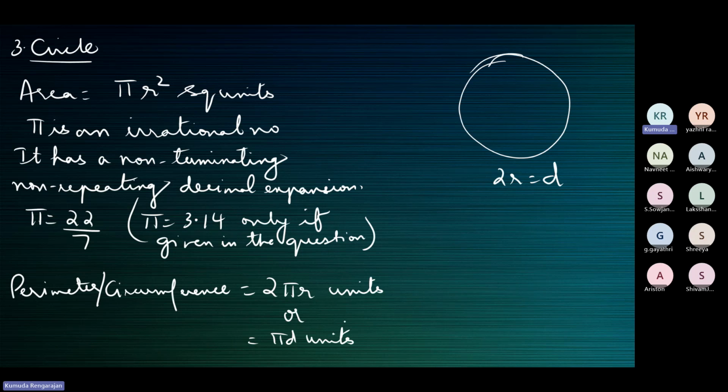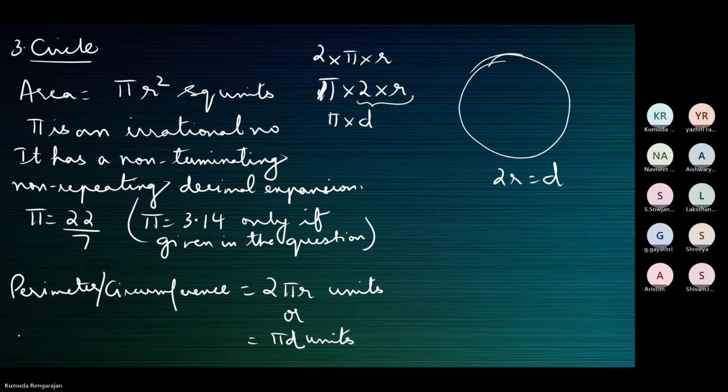The length of the boundary of the circle is given by the formula 2 into pi into r, 2 pi r units. Since 2 into r is the diameter, you can also use the formula pi into diameter. In multiplication you can change the order also, so it is pi into 2 into r, and 2 into r is d.